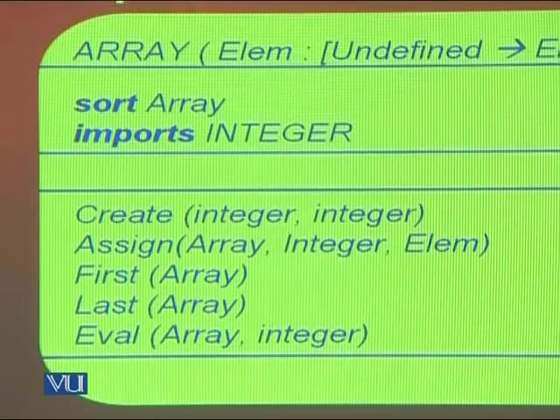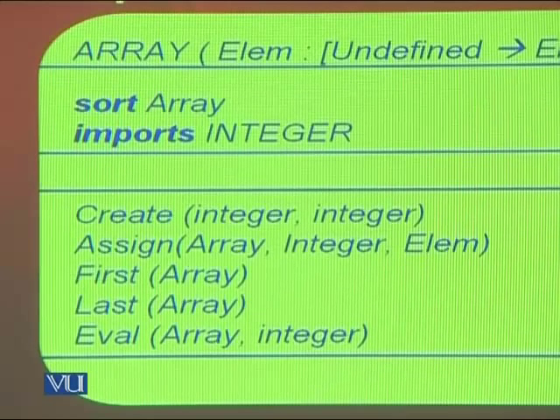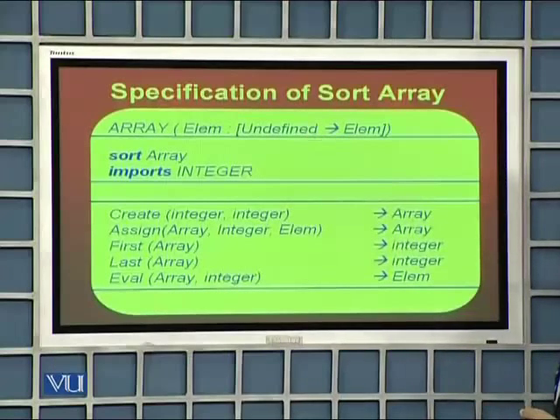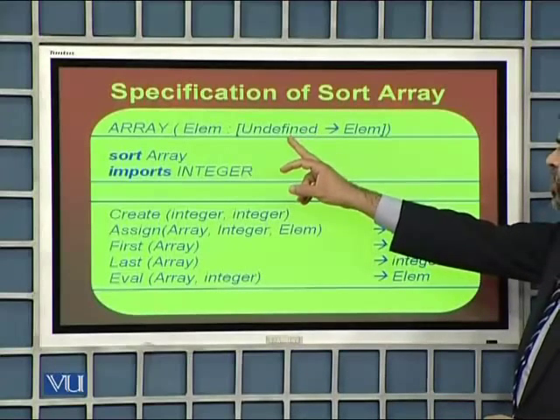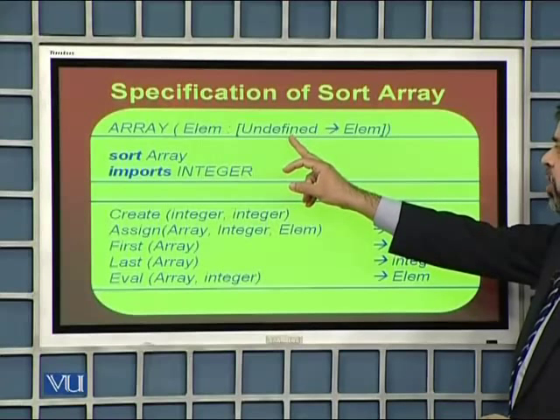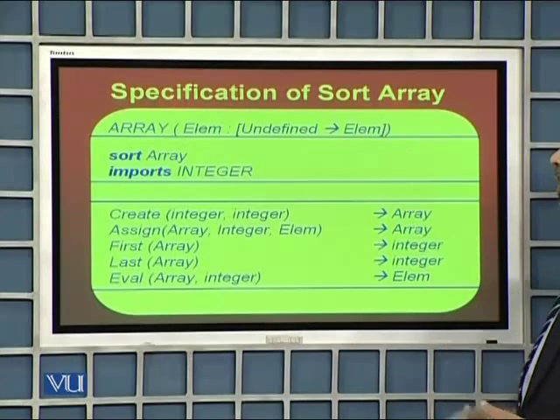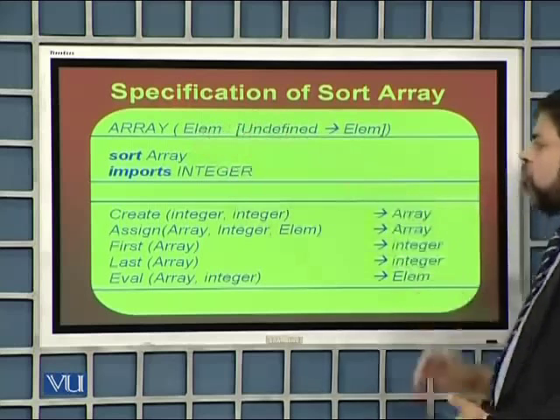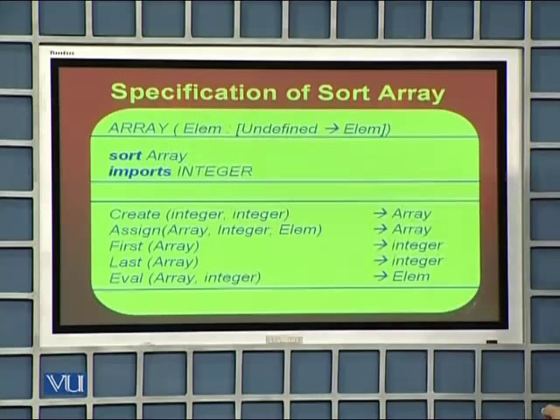We are simply saying it is going to have some elements. Another very interesting thing that we are saying here is that there is a special kind of element called undefined, and it is of type element. What is the use of this undefined? We will look at it shortly. So this is the first part of our specification.